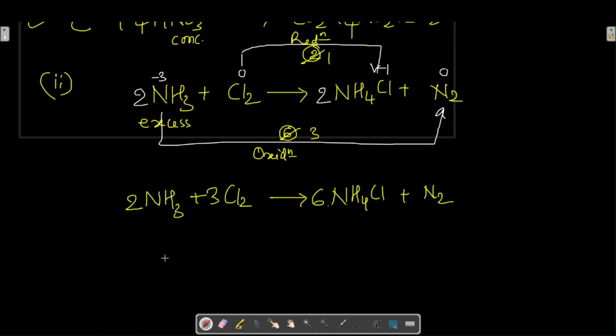Now balance all other atoms except hydrogen and oxygen. Oxygen anyway not there, hydrogen is there. Nitrogen 2 here, but 6 here. 6 plus 2, 8 here, so make it 8. Okay. Chlorine 3 into 6, 6. Hydrogen 8 into 3, 24. 6 into 4, 24. Yes, balanced.